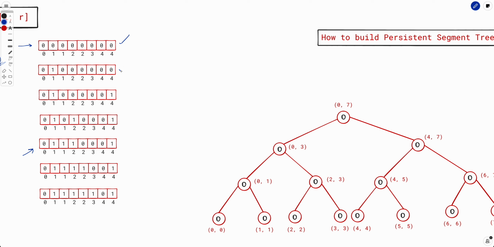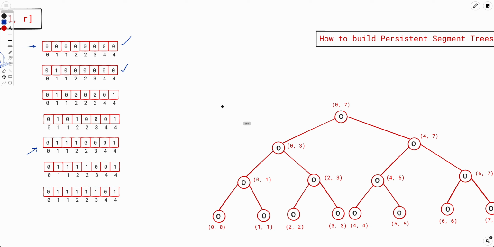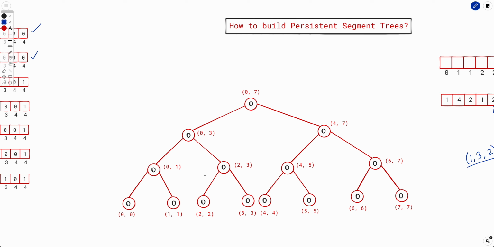Now for the second tree, we know that only one index will change, so we'll simply go to that particular index. We know the first position is changed, and it lies here. All the nodes up to the first position will be changed, so all these 4 nodes will be changed.